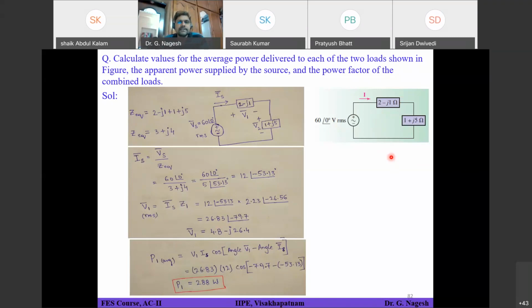V square divided by Z, you do? You know the Z from this, right? Root of 2 square plus 1 square.